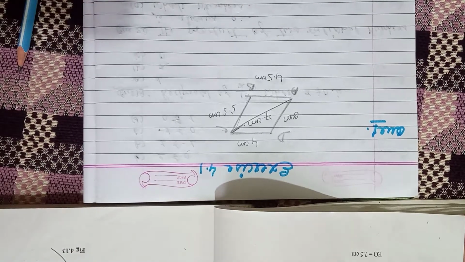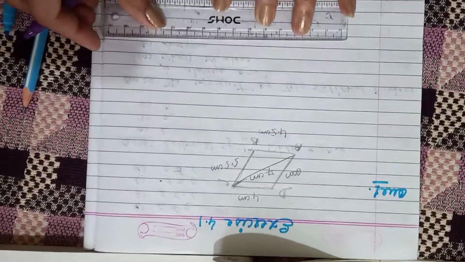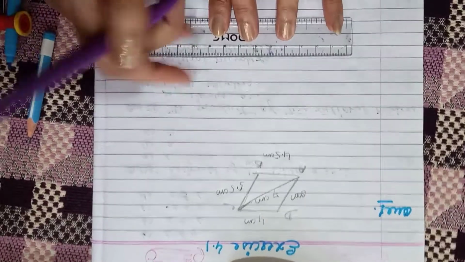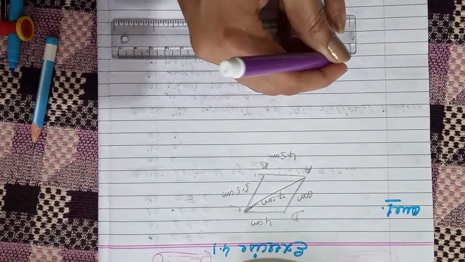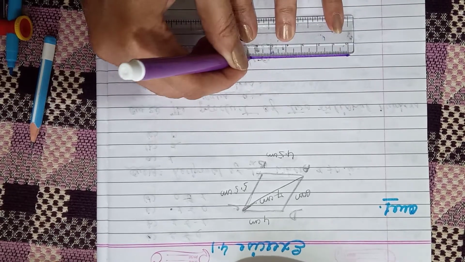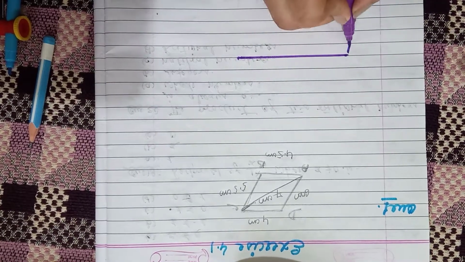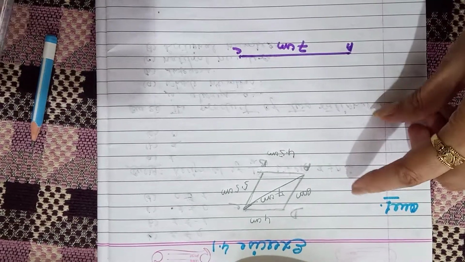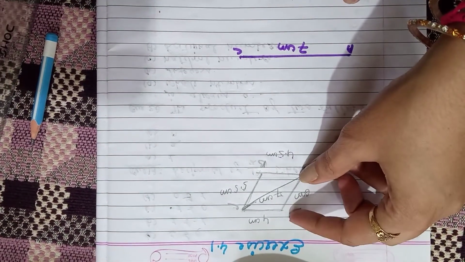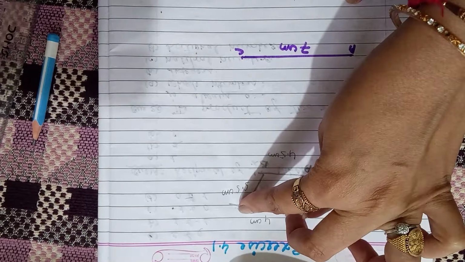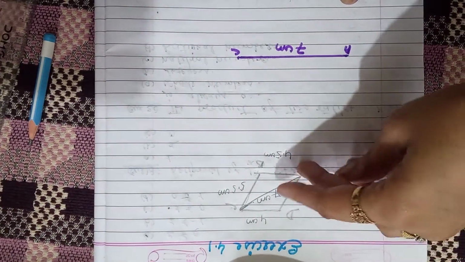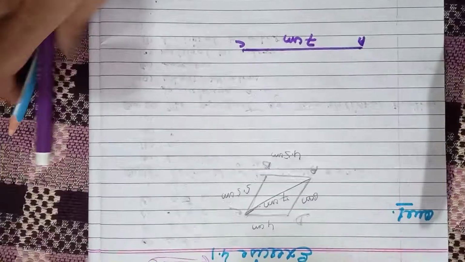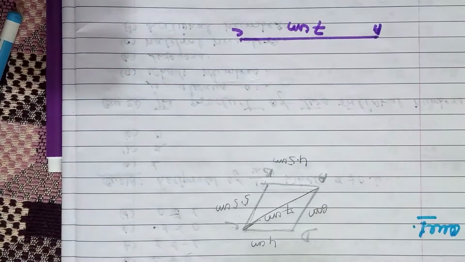The length of AC is 7 centimeter. Now give the name, AC 7 centimeter. Then we are free to draw first A to D or C to D, or if you want, draw A to B and B to C; any one that you want to take first.